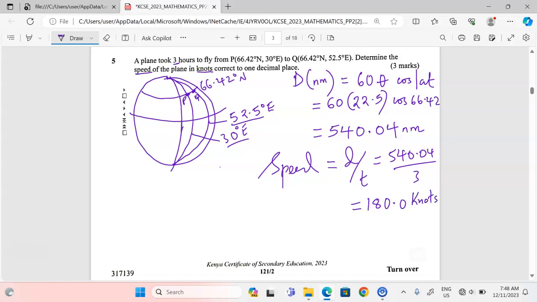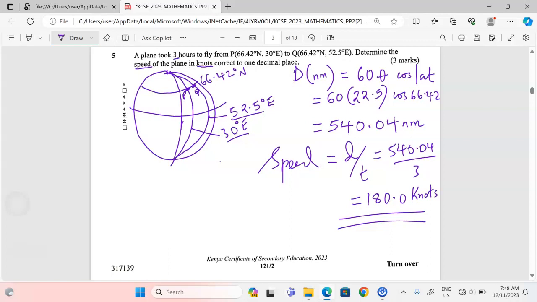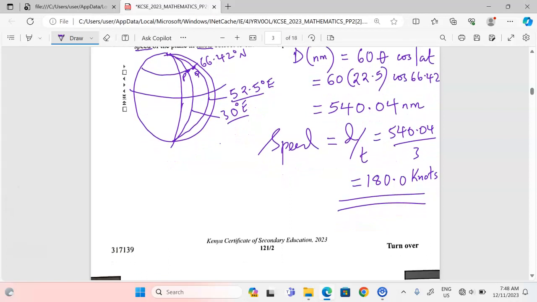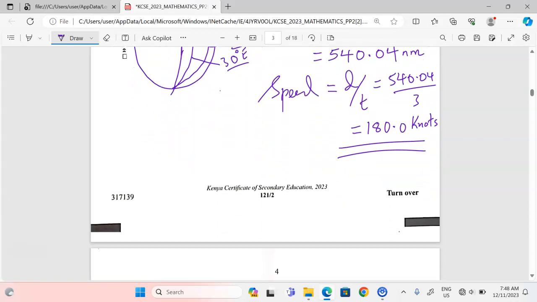So when distance is in nautical miles and time is in hours, you divide the two, and the speed you will get will be in knots. So that is the speed for the plane.